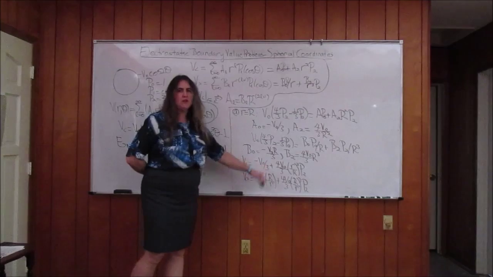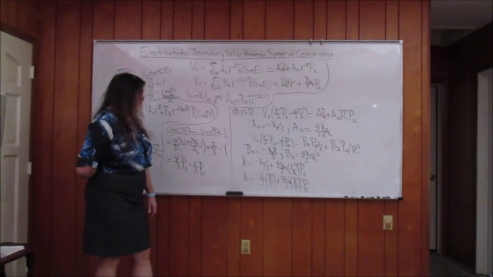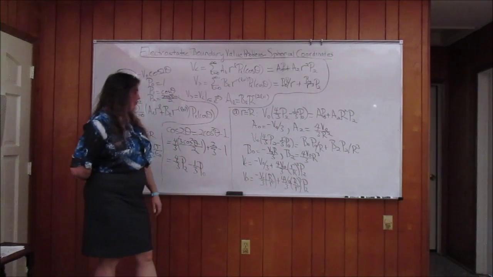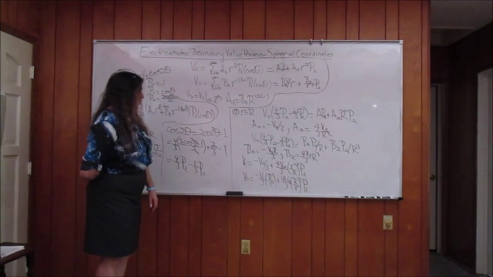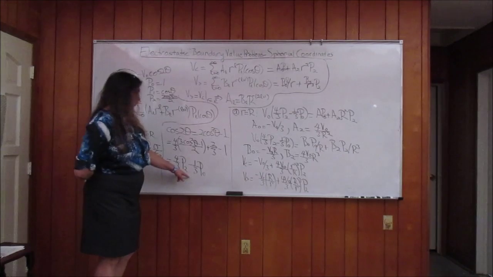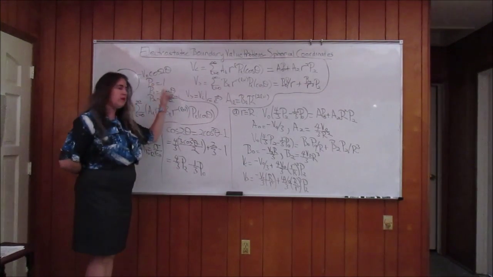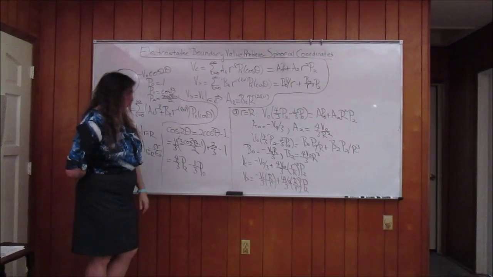Notice I've left out the P naughts because that's just equal to 1 in any case. So clearly this is continuous at the boundary, and it also satisfies the appropriate boundary condition that the potential is equal to V naught cosine 2 theta.